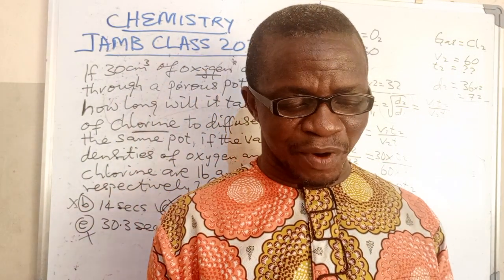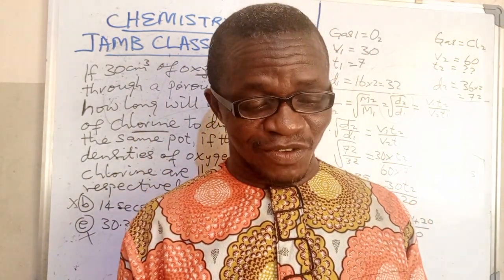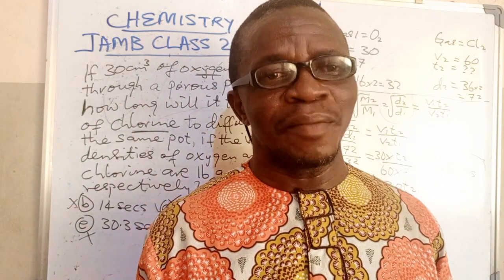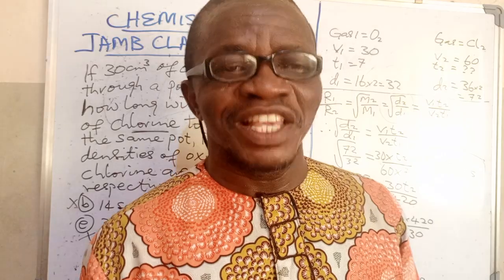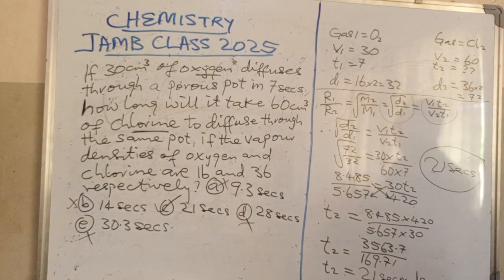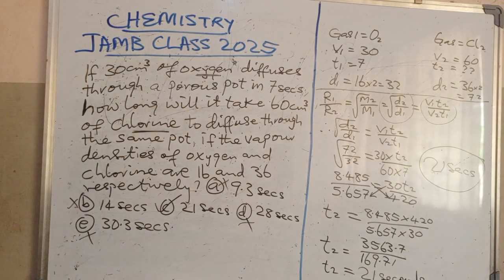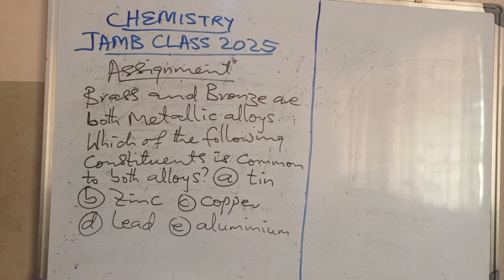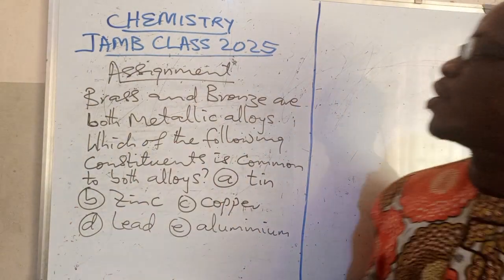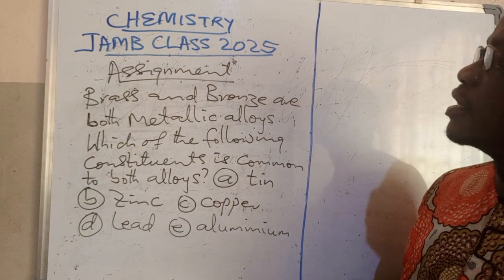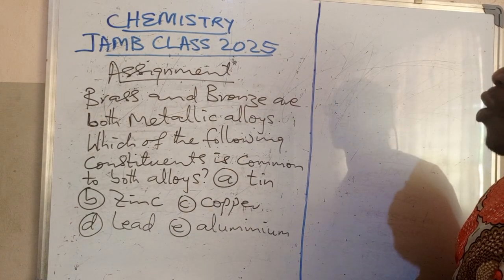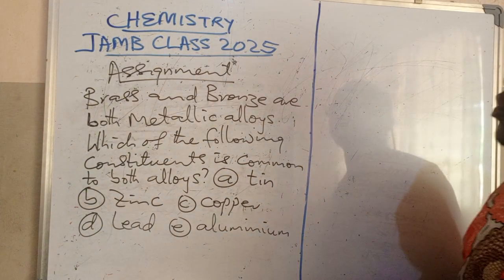I want to give you a problem to solve. When you solve it as usual, drop it and I will make comment. The question is: brass and bronze are both metallic alloys.